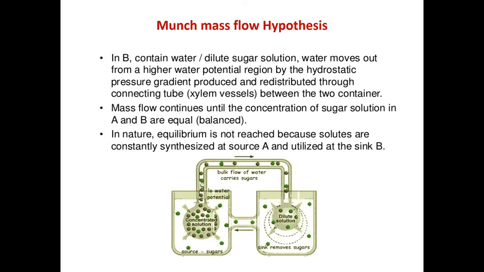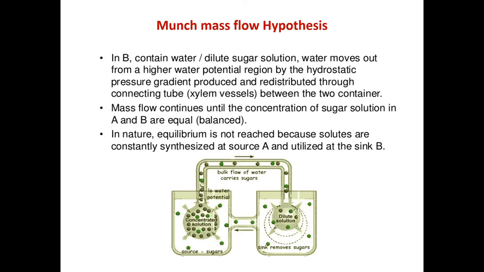So this clearly states that translocation requires energy. It makes use of ATP. If we use inhibitors such as cyanide and 2,4-D, no production of ATP takes place and no translocation is observed, which clearly says that translocation requires energy.